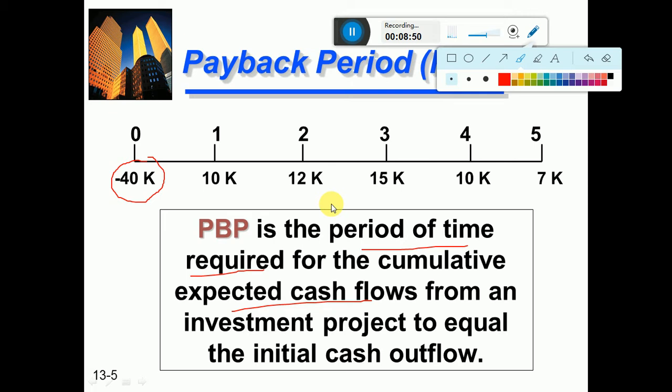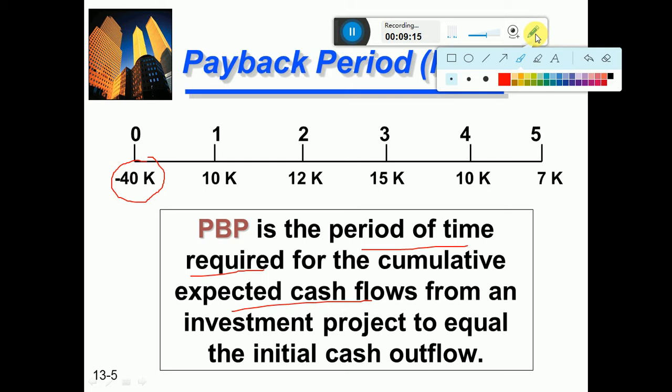Why? Because your payback requirement is 2 years, so you expect the project to return your initial investment in less than 2 years. If it takes more than 2 years, you reject it. That is the idea behind the payback period.